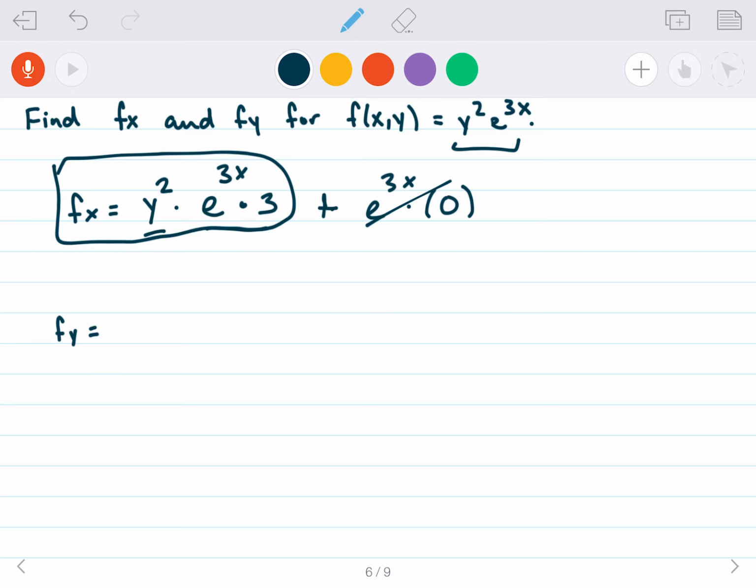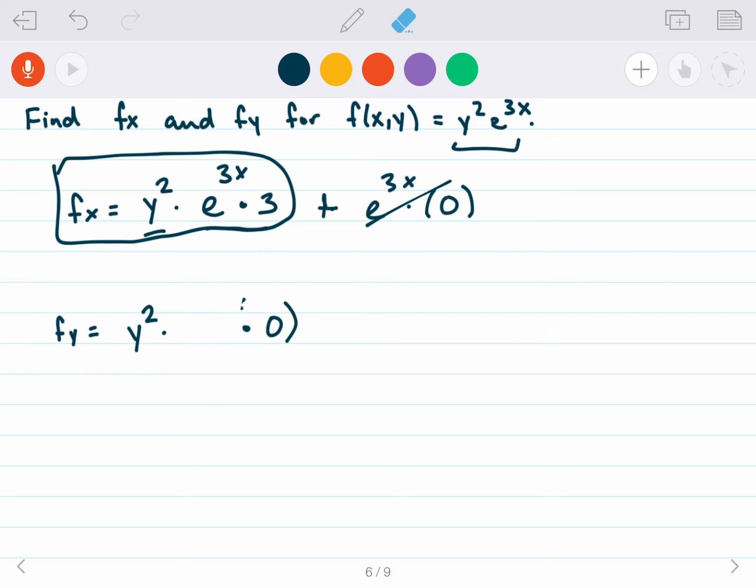Now let's take the derivative in the y direction. So again, product rule. Keep the first times the derivative of the second. Well, the derivative of e to the 3x, when we differentiate with respect to x, we just get 0, right? Because x is held constant.